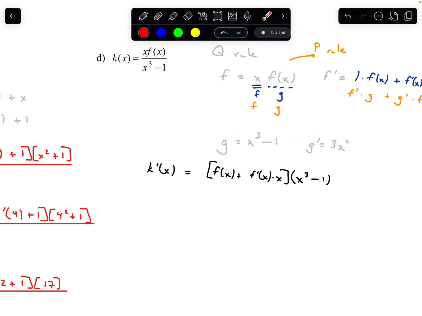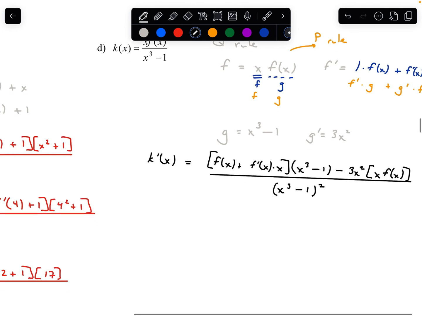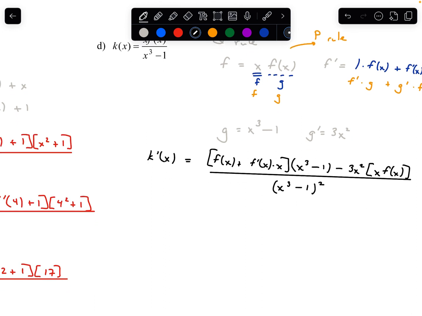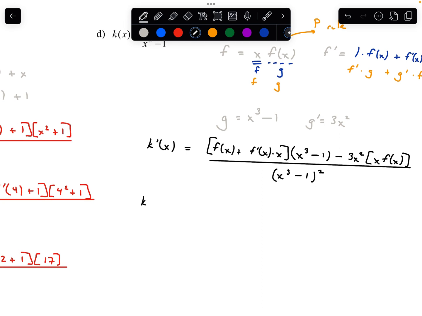F prime times g minus g primed times f, over g squared. And now here's what I was talking about earlier. I could try and expand this and simplify it and collect like terms, but life is short, and the question just wants me to find the derivative at x equals 4. So I'm going to plug in x equals 4.